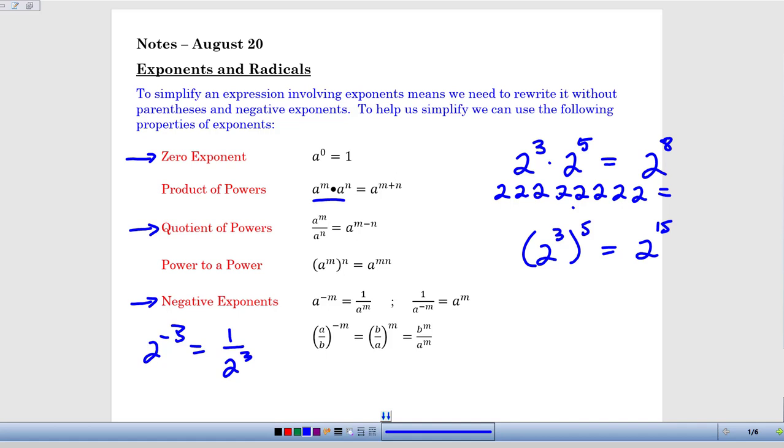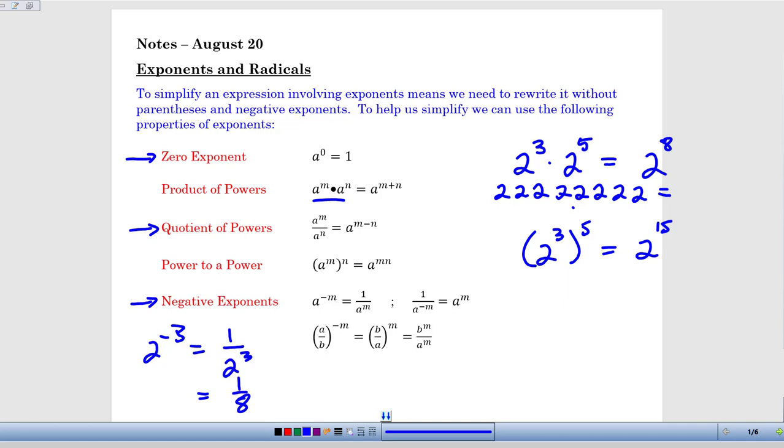The key here is to remember that a negative exponent does not mean the number is negative. It's still going to be a positive number. 2 to the negative 3rd is the same as 1 over 2 to the 3rd. Those are both positive numbers, just written with the positive exponent. And so that would be 1 over, not 6, but 1 over 8, of course. 2 times 2 times 2 gives us 8.